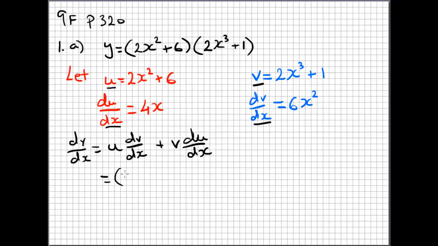Therefore, u is 2x squared plus 6. dv/dx is 6x squared plus v is 2x cubed plus 1, and du/dx is 4x.